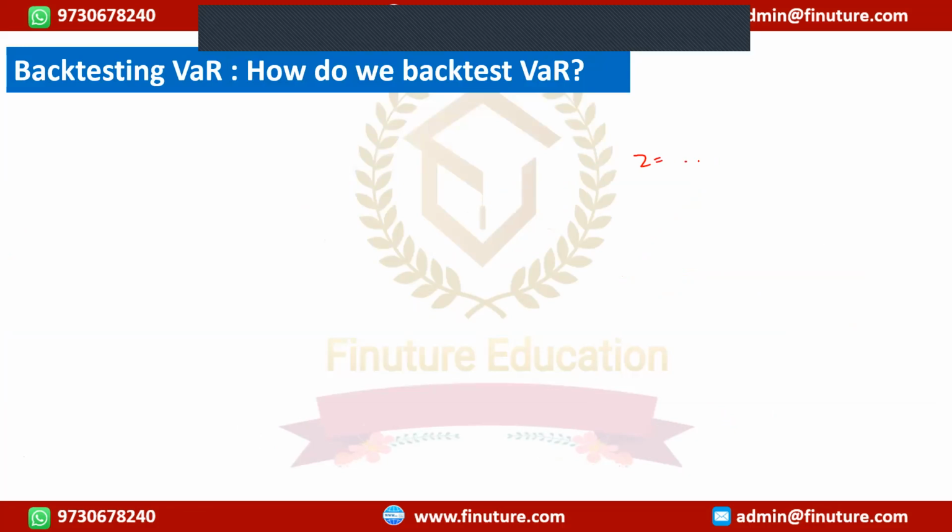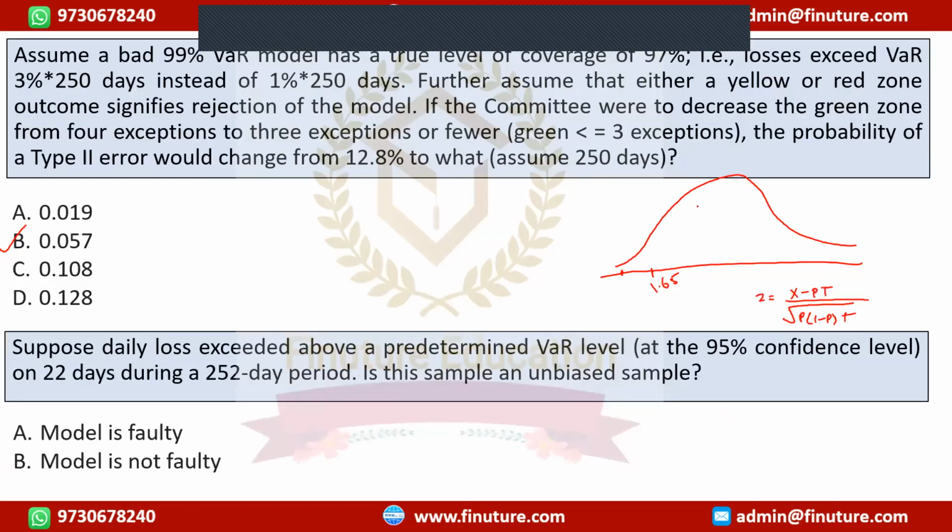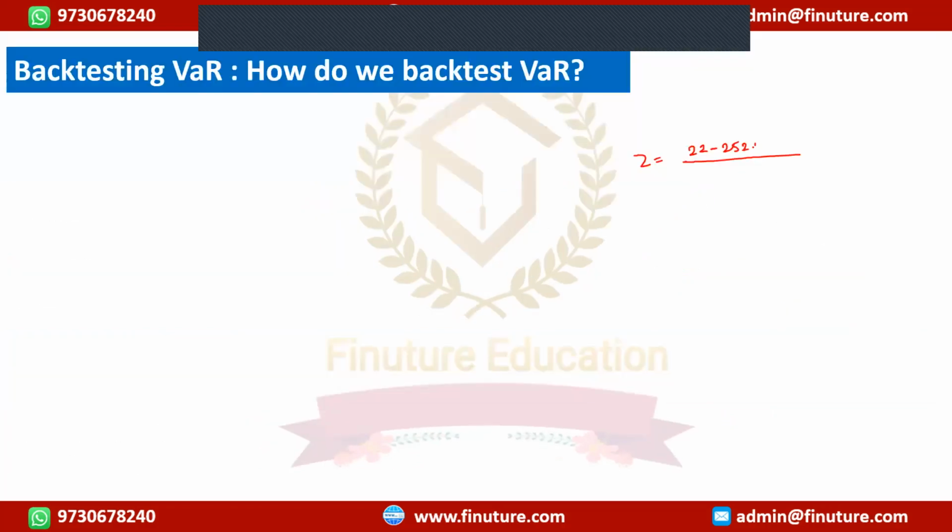Z is 22 days, which is the number of times the VaR was exceeded out of 250 days, and the probability of exceeding VaR is 5%, so under root 0.05 times 0.95 times 250 days.